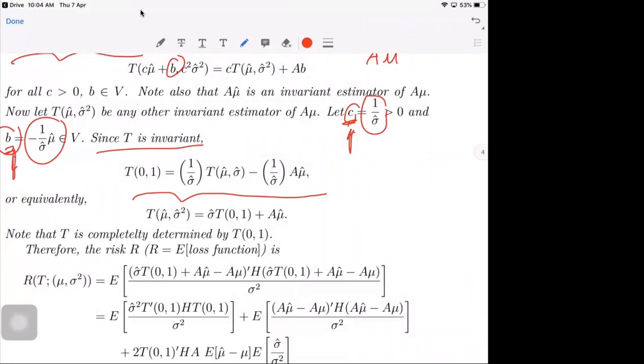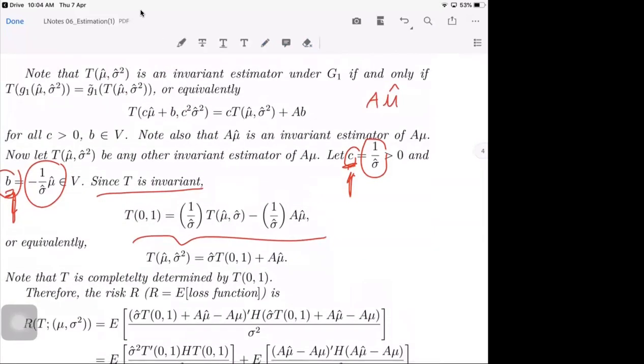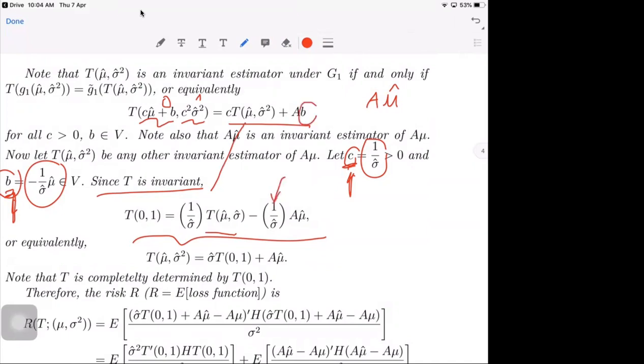So here, if I change this part, so if this is 0 and this is 1, then we want to show that this becomes, C is 1 over sigma hat, and B is 1 over sigma hat mu then A.